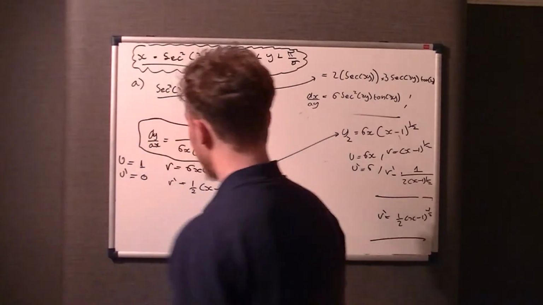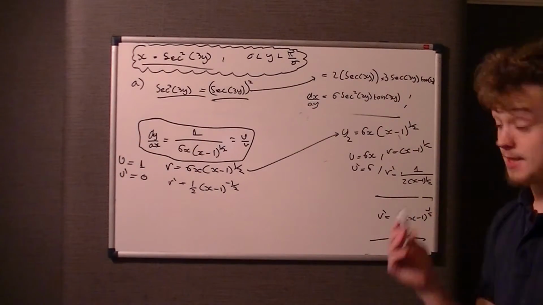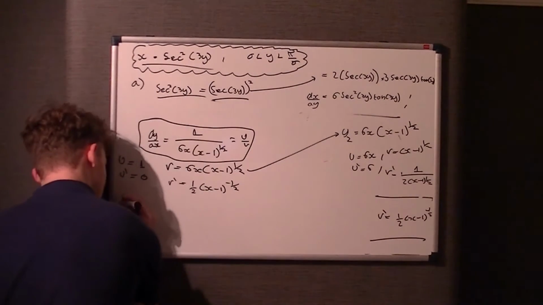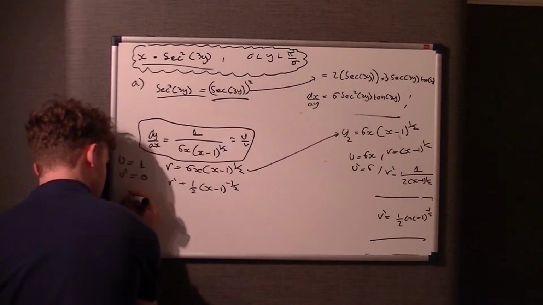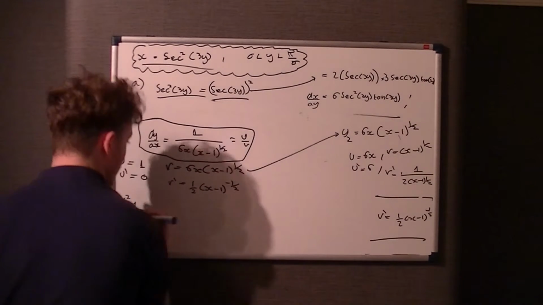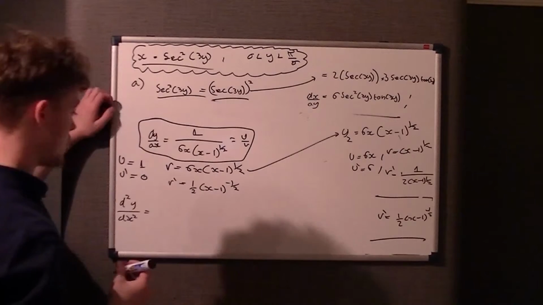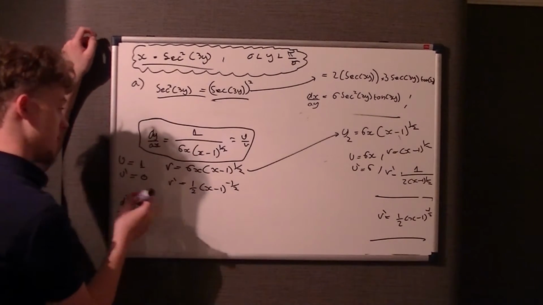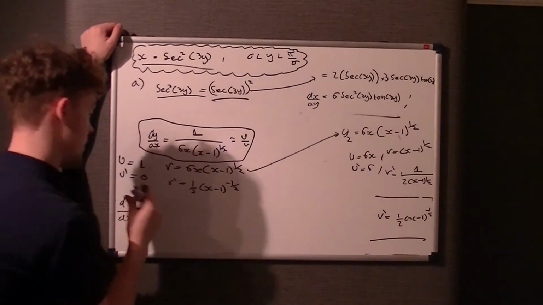So what we're going to do is now apply this to the standard quotient rule that we would be used to. Instead of labeling this dy dx, I'm going to leave it d squared y over dx squared, which obviously just stands for the second differential. So it's v u dashed.